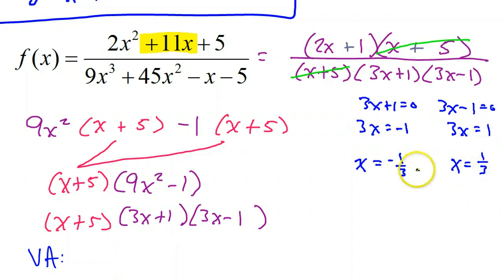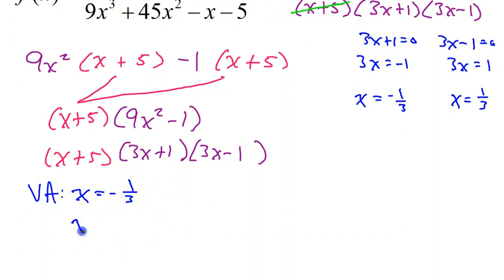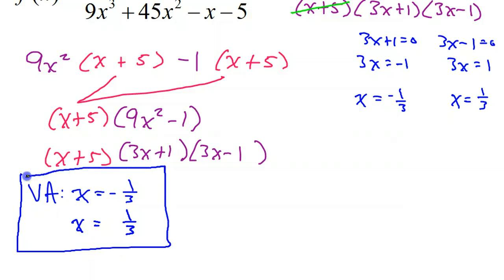These are vertical asymptotes. So x equals -1/3, x equals +1/3. We'll put a box around that.